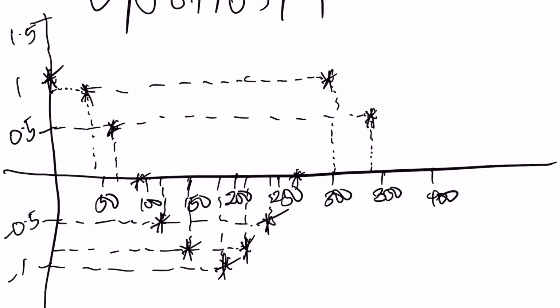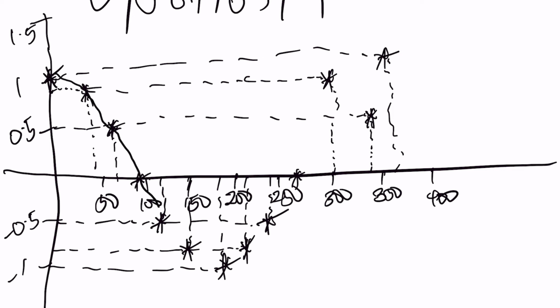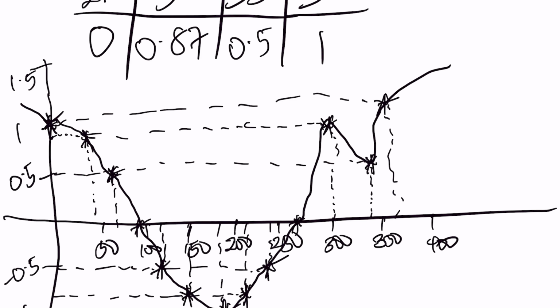Then at 360, we have it to be 1. So join the graph. So here, this is our cosine graph.